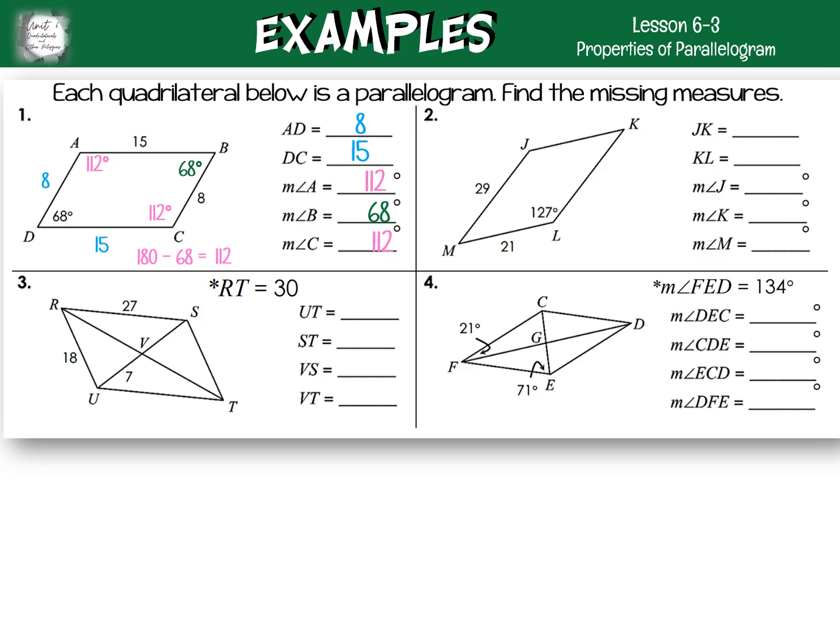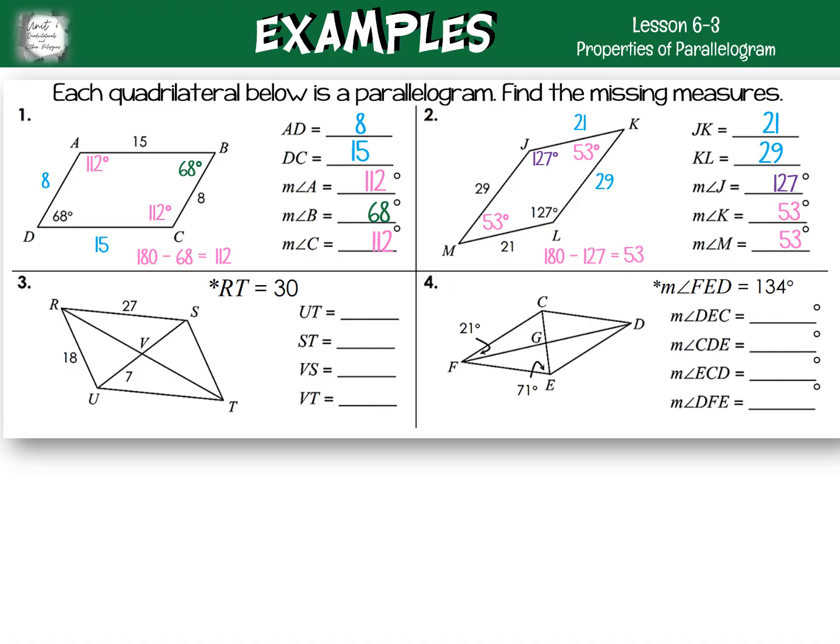So measure of angle A and measure of angle C are both 112. Number 2, length of segment JK is 21. Length of segment KL is 29. Easiest angle is angle J, 127. Let's do a little subtracting from 180. And the other two angles are 53 degrees.